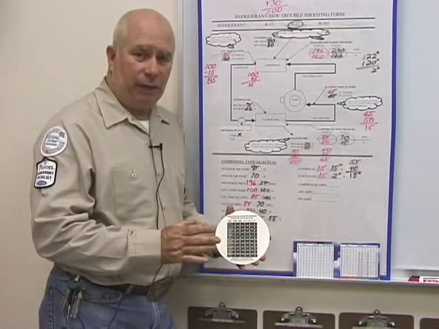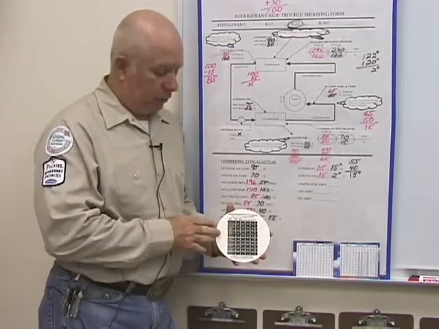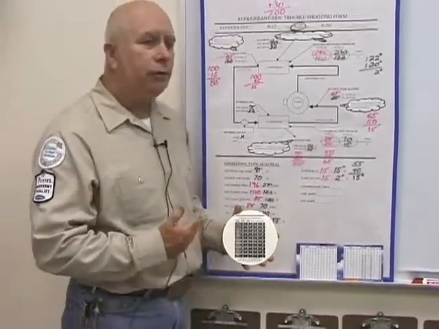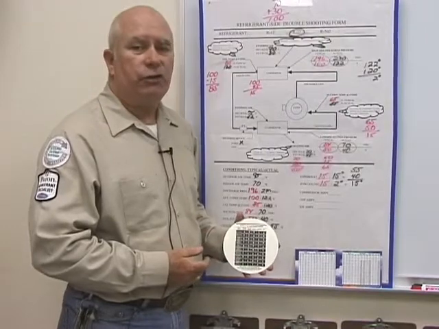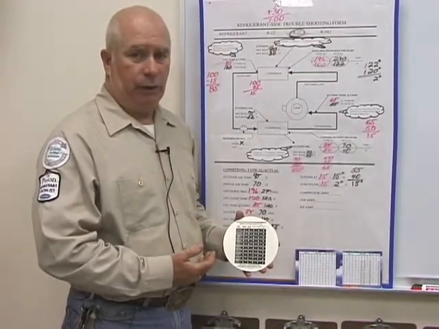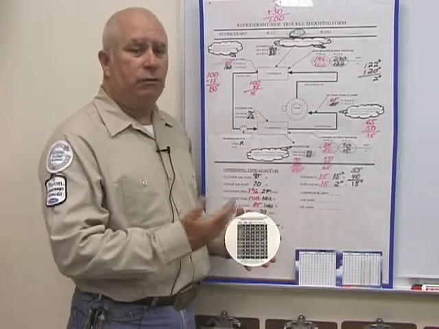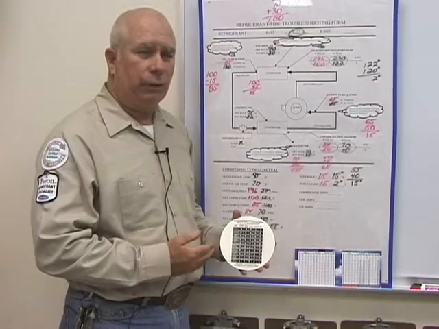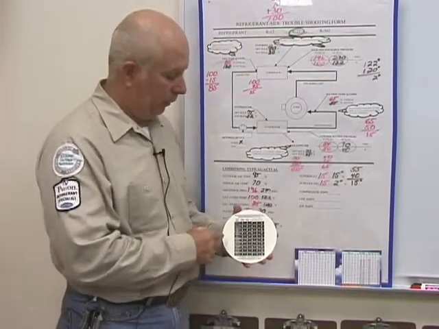But it narrows it down and it's a quick reference. I would suggest that you use this when you first hit the field, for the first 6 months. After that, it's going to become second nature to you, all right? But you can always have it on hand just in case you have one of those situations where you really don't understand what's going on, and it'll help you out.